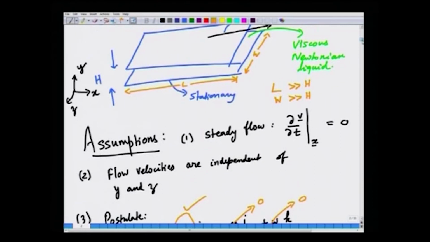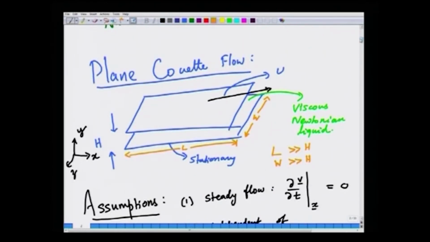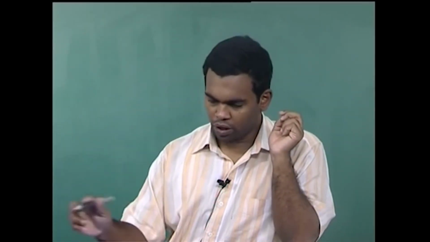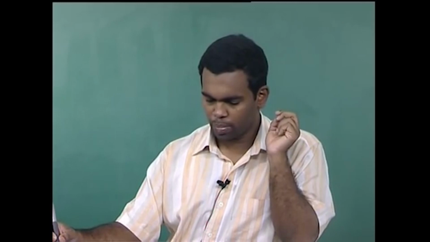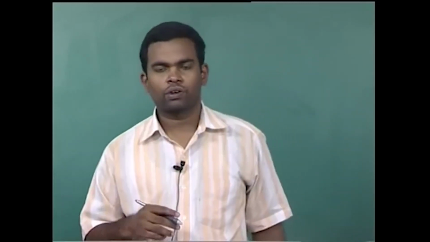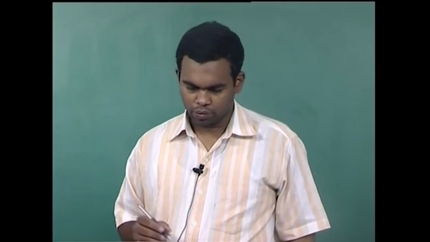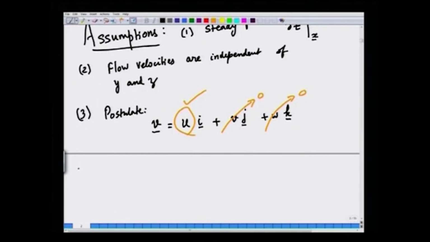This is a physical assumption that we are making, and it is motivated by the fact that the top plate is dragging the fluid in the plus x direction, and since there are no other driving forces, there is no reason for us to believe that there will be flow in the other two directions. So, this is an assumption, and these can be checked for consistency later. These are the three main assumptions that we will make, and the fourth assumption, well, we need not make that assumption. So, let us look at the governing equation.